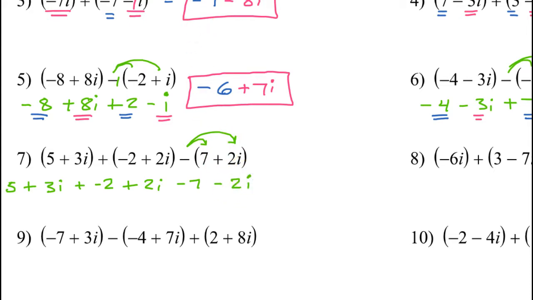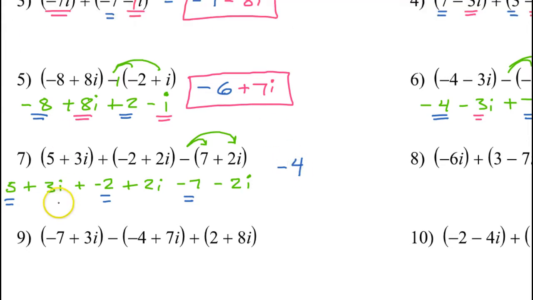Okay, now I will combine all of these like terms. So first for the real parts, I have 5 and negative 2. So far that's 3. So I have positive 3, and then I have negative 7. So that's negative 4. So that's the real part.